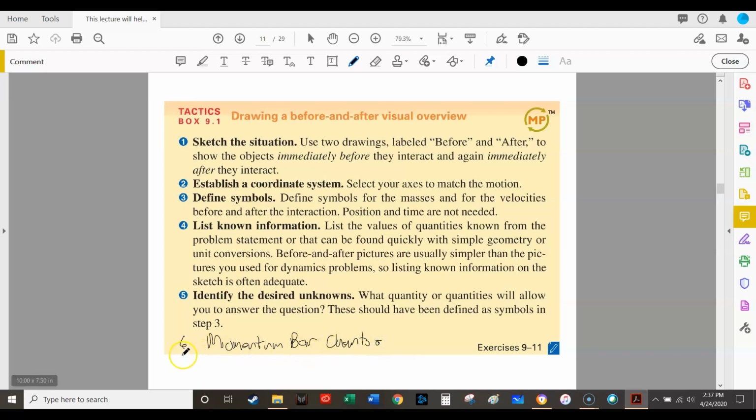And once we do that, then we're going to construct the equations, and then solve. And typically, one-dimensional problems are kind of easy because there's only one equation, so there can only be one unknown. Okay?